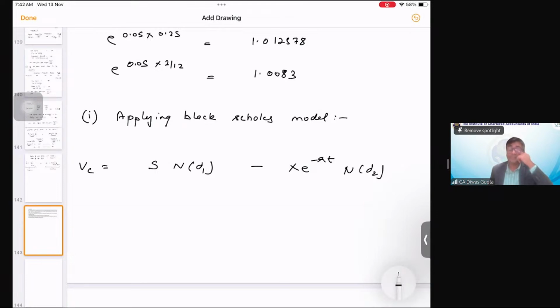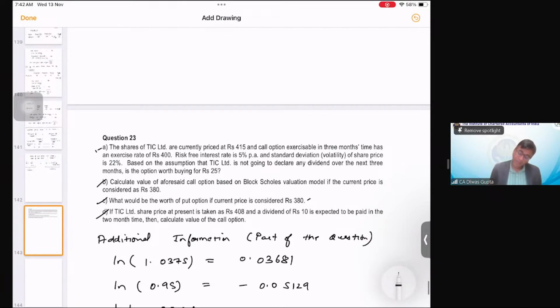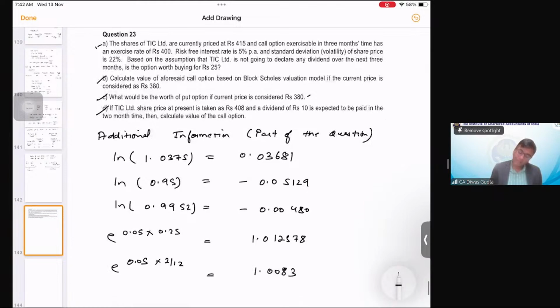Clear till now, students? D1, we said, is natural log of spot price divided by exercise price plus the volatility percentage, sorry, this was r plus v square by 2.